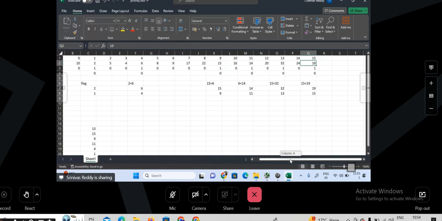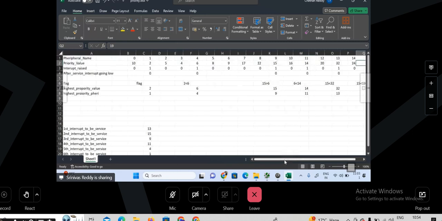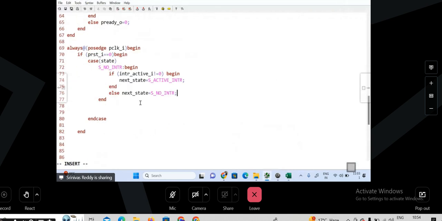Priority_range of I. Did you understand? After this, highest priority peripheral is equal to what? Now here I am going through all the peripheral names 0, 1, 2, 3, with the for loop.